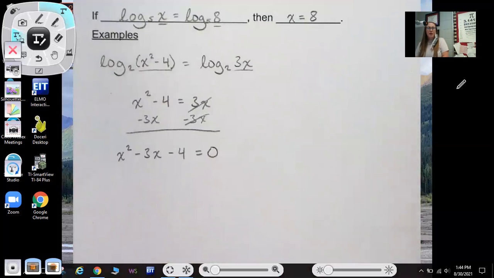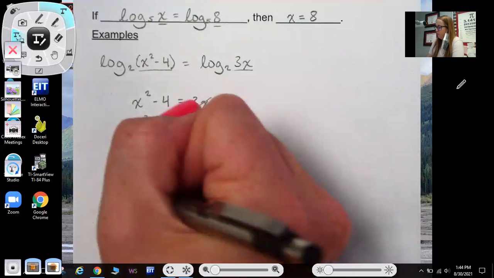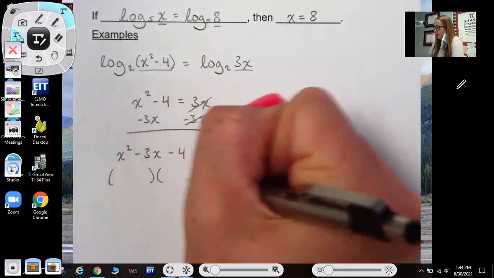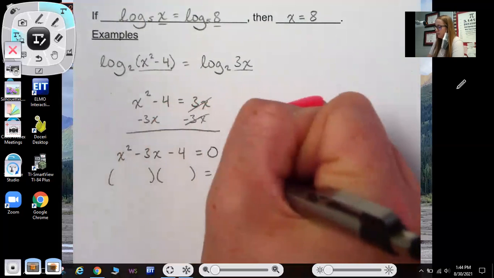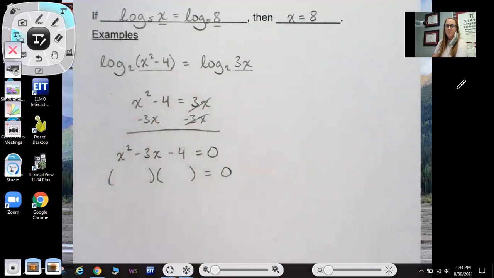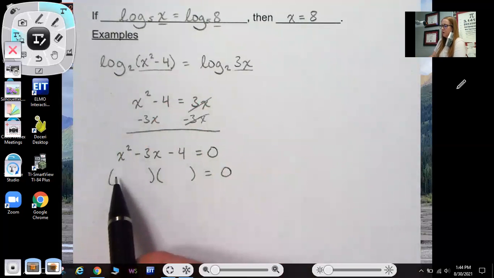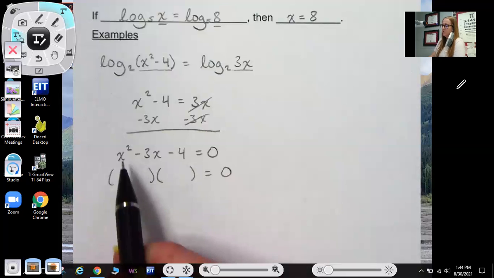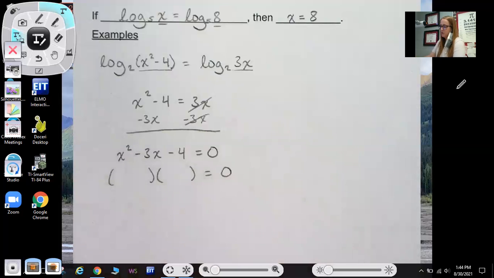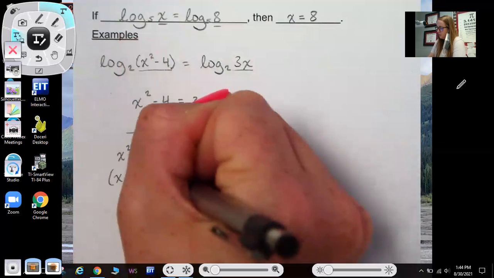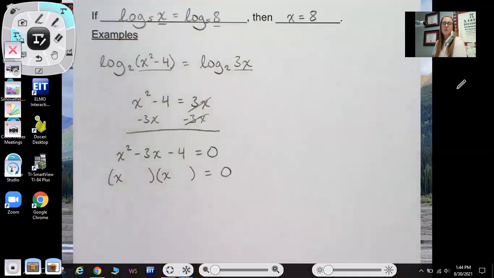Okay, hopefully you remember how to factor a quadratic. When you factor a quadratic equation, you're going to have two sets of parentheses. The square root of the first term is what goes at the front of both of these sets of parentheses. So the square root of x squared, which is just x, is what's going to go at the front of both of these sets of parentheses.